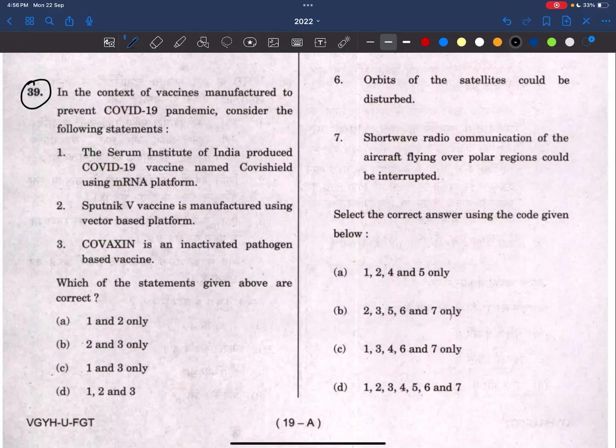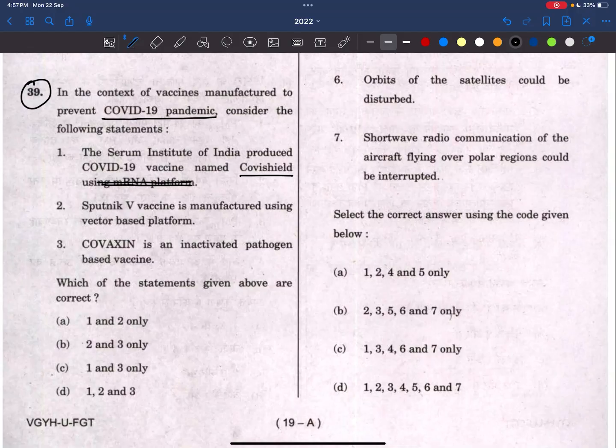See, diseases. UPSC has asked about vaccines. In the context of vaccines manufactured to prevent the COVID-19 pandemic, consider the following statements. The Serum Institute of India produced the COVID-19 vaccine named Covishield using mRNA platform. No, it is not an mRNA platform. It is based on the vector vaccine.